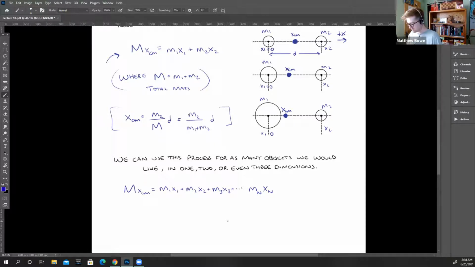But you see, this is just for one dimension. This also works for 2 and 3 dimensions. So let me summarize that with this. You see, this is just a summation of all the objects. So let me rewrite this up here.